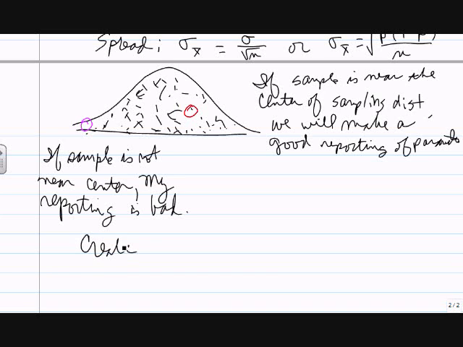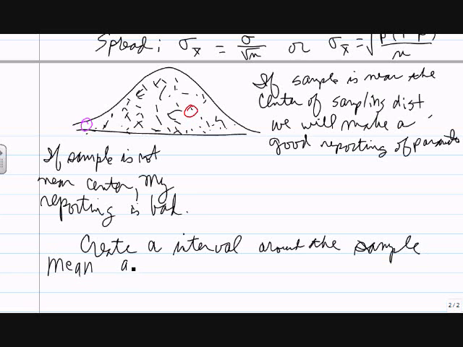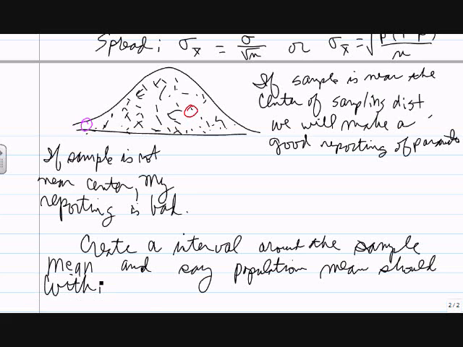We're going to create an interval around the sample mean, and we'll say that the population parameter, or mean, should be within a specific interval.